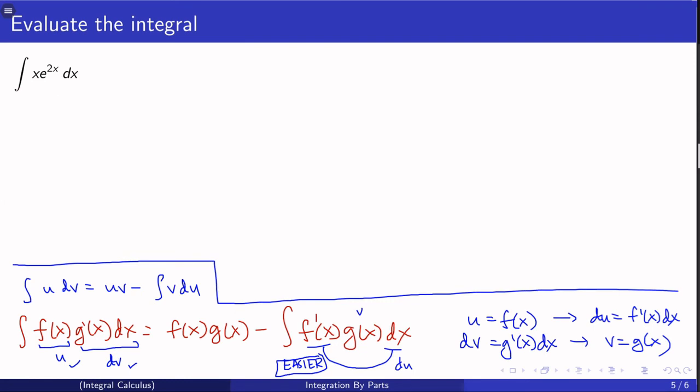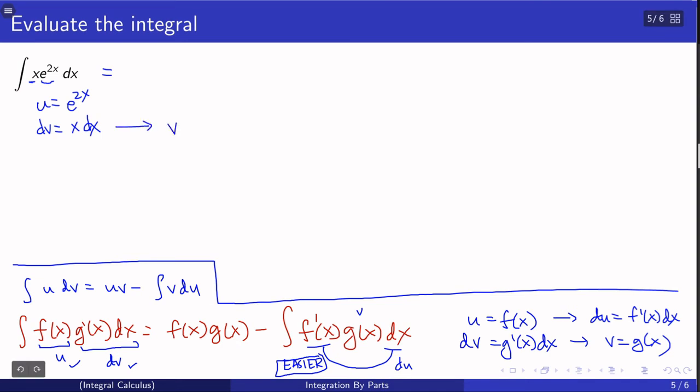Okay, so here we have a couple of options. I have two terms, x and e to the 2x. Why don't we try picking u equals e to the 2x and dv to be whatever's left, x dx? This is the same as saying f of x is e to the 2x and g prime of x is x. In order to use this formula, I need v.